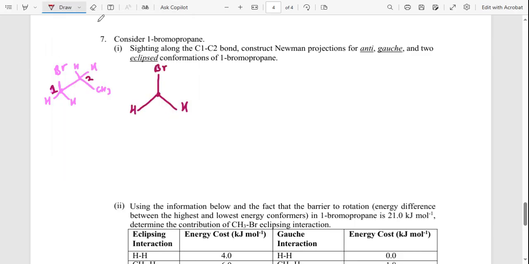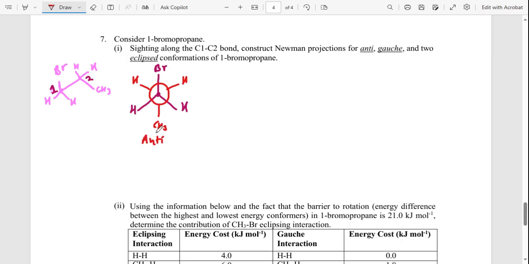Then we put carbon number 2. The first structure we are drawing is the anti, so the methyl should be on the opposite side, and then the hydrogens will be here and here. So this is the anti.